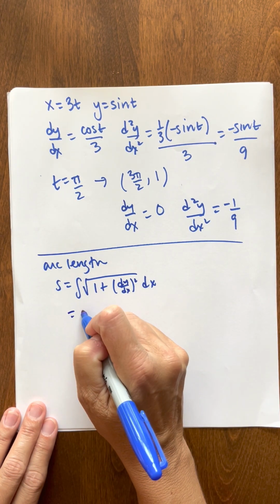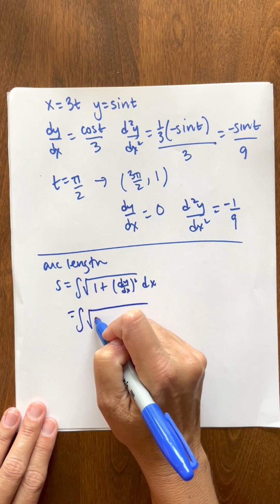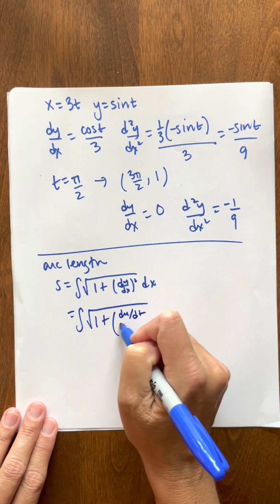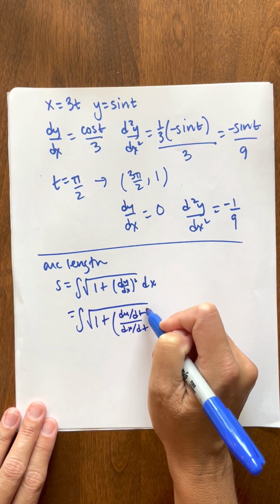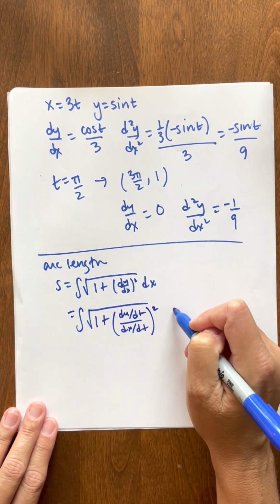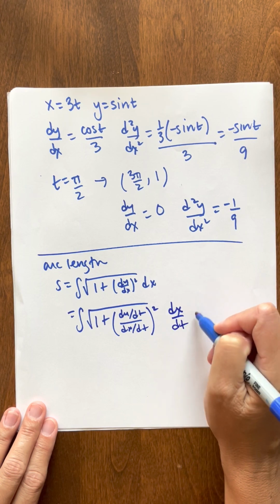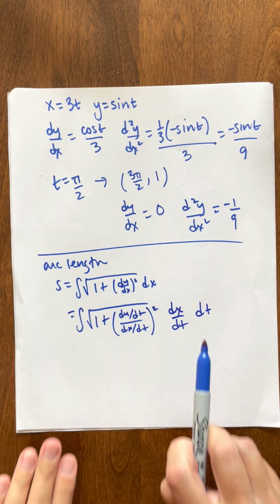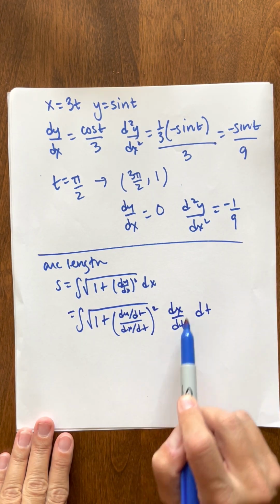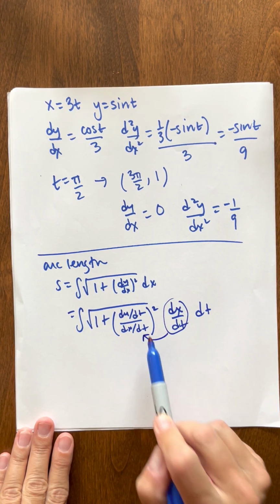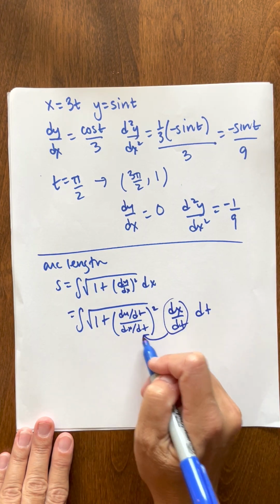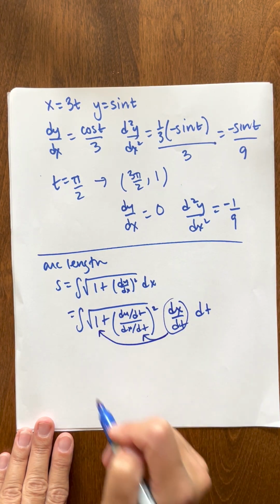So my arc length is going to turn into the square root of 1 plus dy/dt over dx/dt squared, times dx/dt dt. And if I want to leave this outside and move it inside the radical, I need to square it, and it goes to this term and this term.